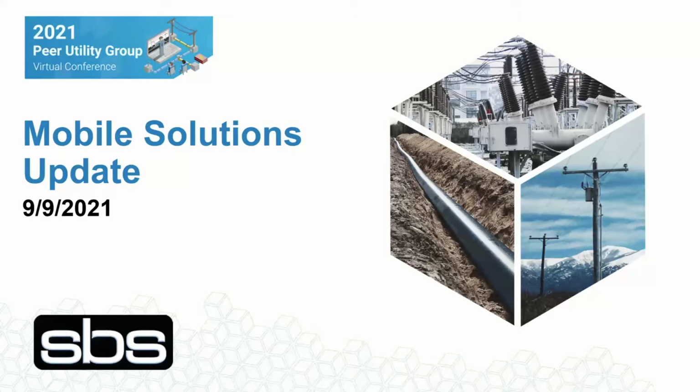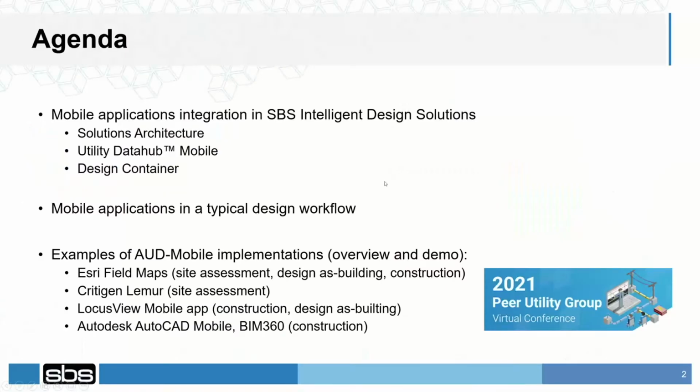For that, in our agenda, we want to cover the solution architecture of SBS intelligent design solution, and we'll introduce you to the Utility Data Hub mobile component and also the design container, which plays an important role in integration between AUD and mobile.